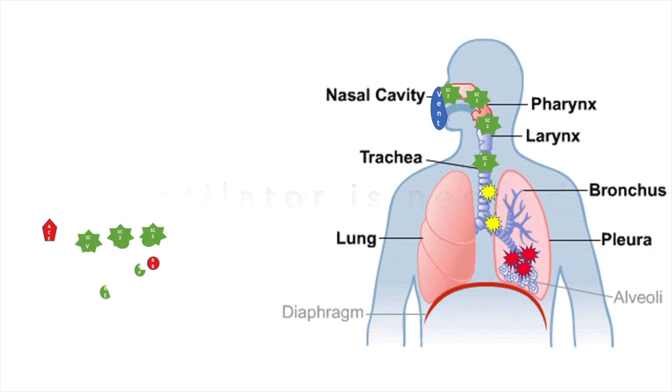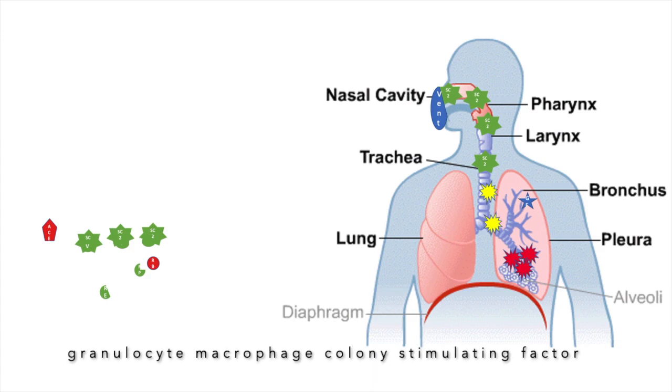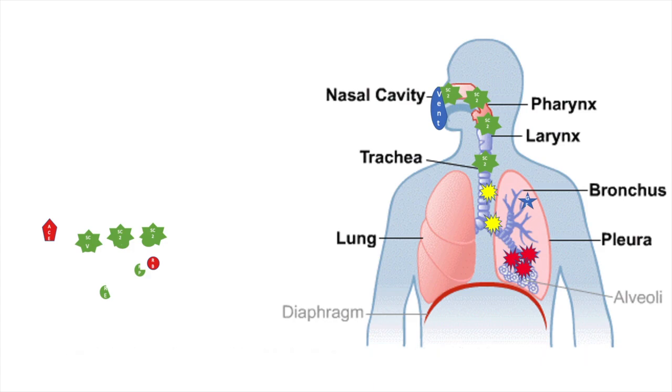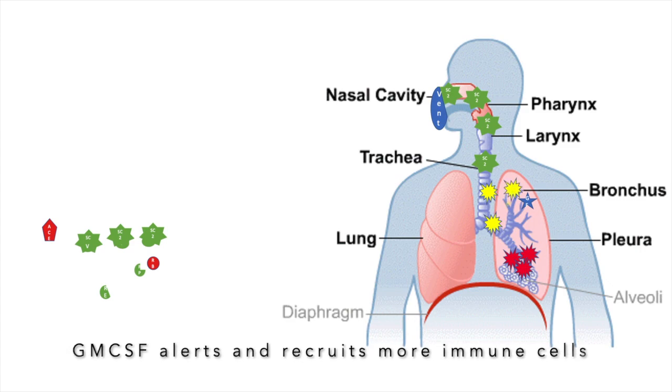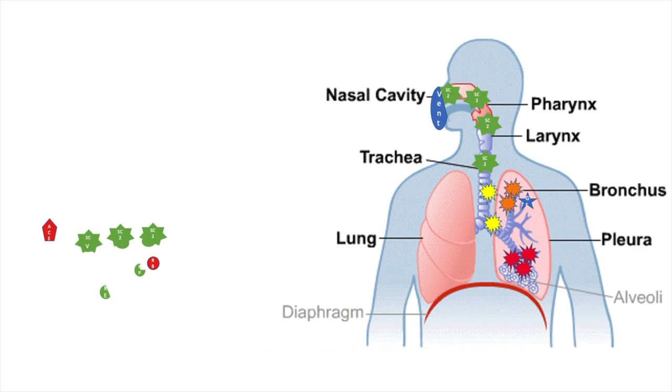Meanwhile, the immune system continues to fight, and the lungs produce proteins such as granulocyte macrophage colony stimulating factor, or GM-CSF, to alert more immune cells to come, which causes more inflammation.